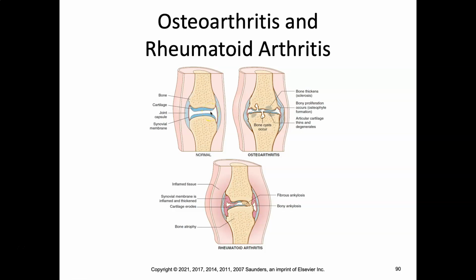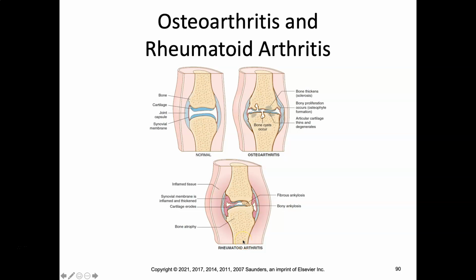If it's not normal, if you've developed osteoarthritis, look at that. There's hardly any cartilage left. It's been worn away. You might have these bone cysts. You might have developed bone spurs. Your bone has thickened in some places. See, you've got little spurs over here on the side, and it's just not a good situation there.